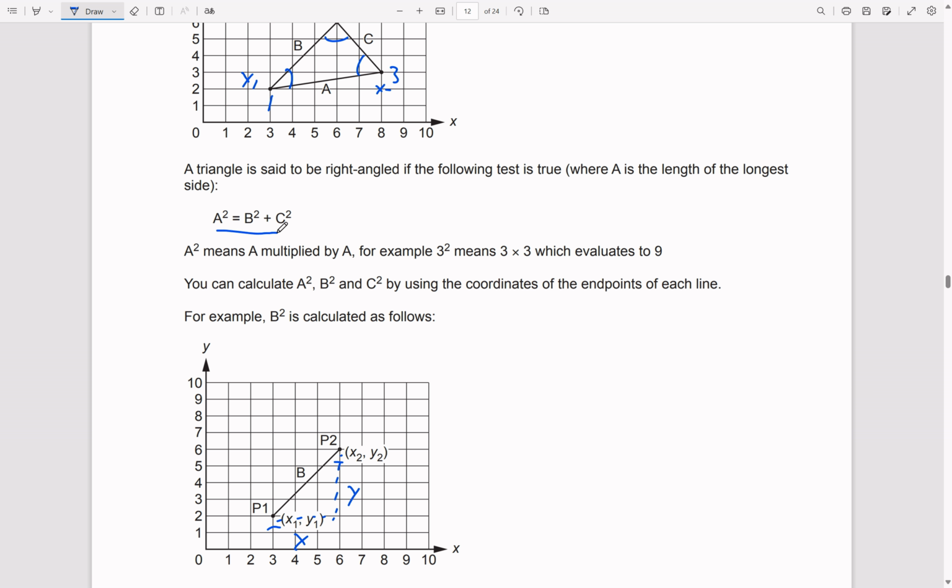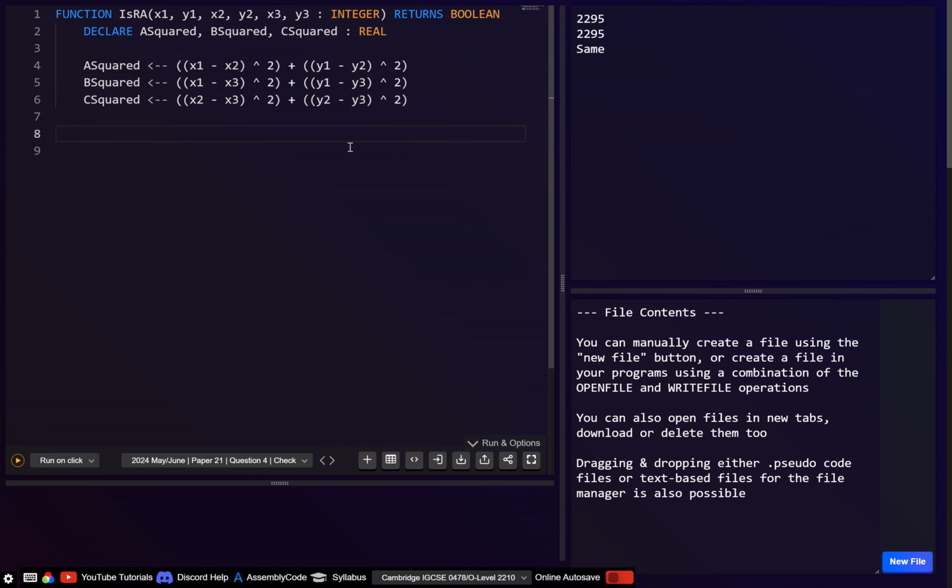So based on this, we want to see if two of them added together are equal to another one. Now, there is a long way you can do it, where you determine which is the longest side. It's quite ugly because you need a long if condition.